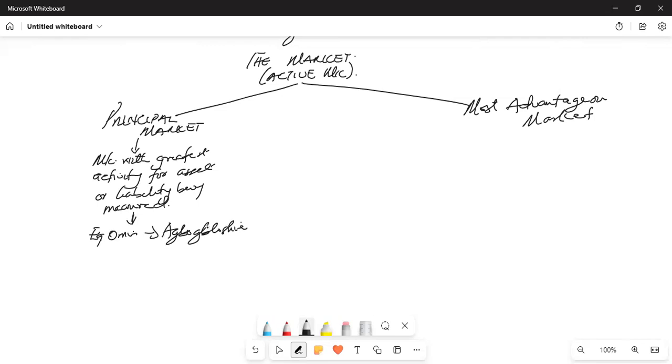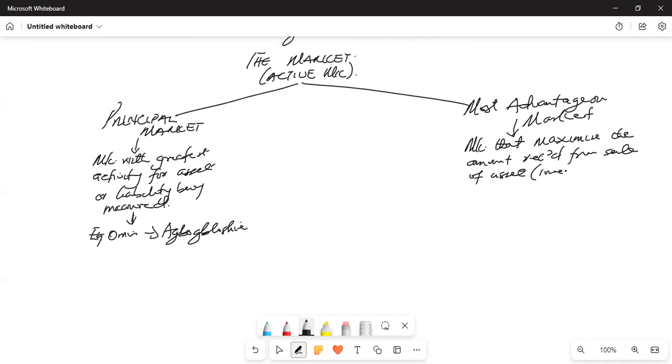Now look at the most advantageous market and how tricky it is. The most advantageous market is the market that maximizes the amount received from the sale of an asset, or the lowest amount paid for transferring a liability.